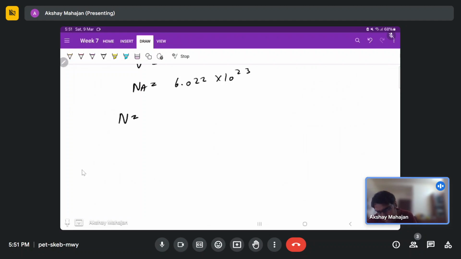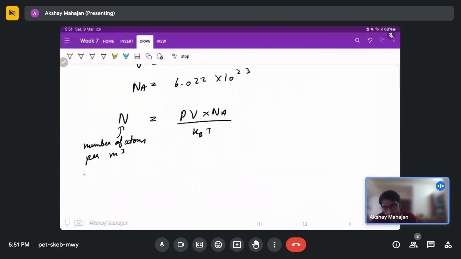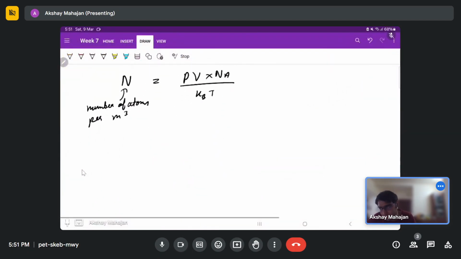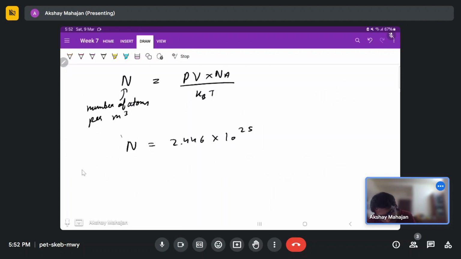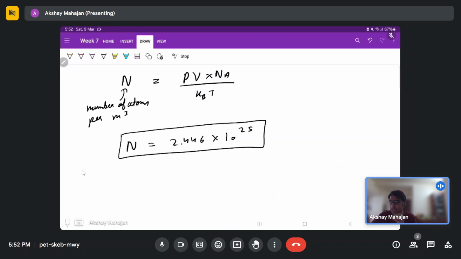So your capital N, which is the number of atoms per meter cube, will be given by PV times N A upon k B T, since V is equal to 1 meter cube. Just put in the values, then you will get capital N equal to 2.446 into 10 to the power 25.